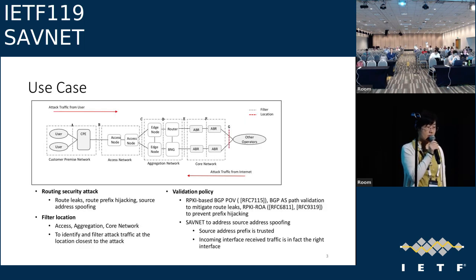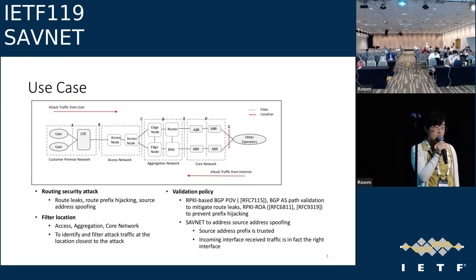Here is a use case. It shows an example of a traditional transport network. From this figure, we can find the traffic track from customer to operator, and also the opposite direction from the operator network to the customer.